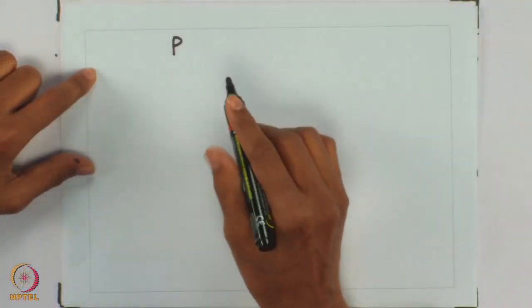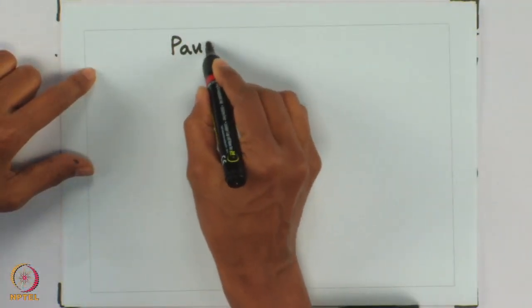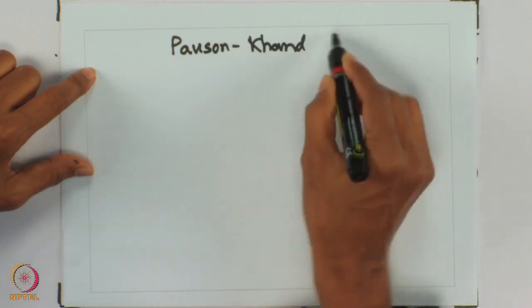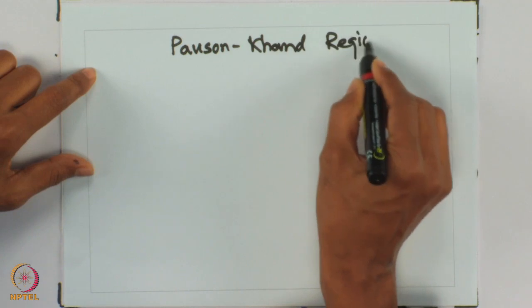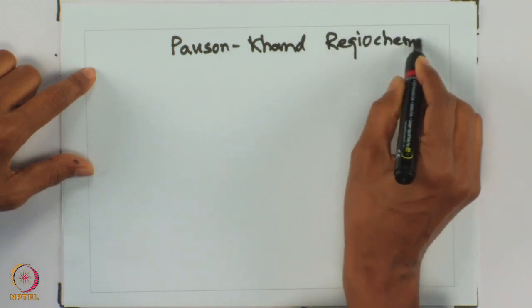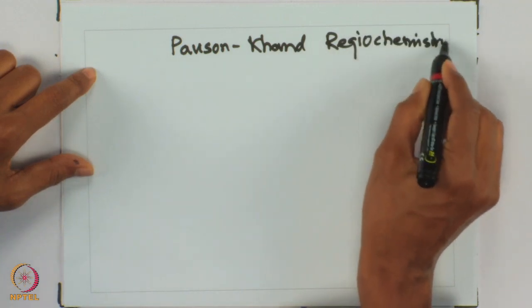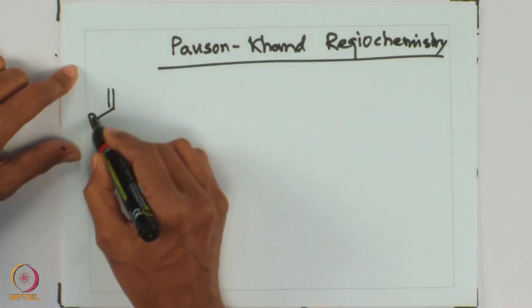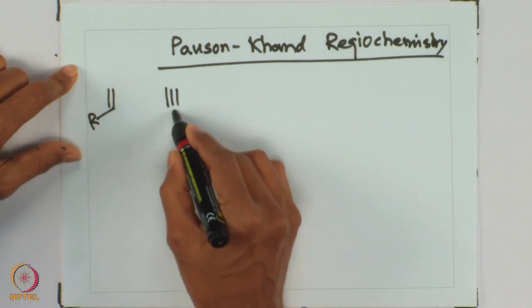Let us look at the key factor that determines the regiochemistry in the Pauson-Khand reaction. Okay. So, Pauson-Khand regiochemistry. Now, as we were mentioning, the substrates we have in hand are an olefin and an alkyne.